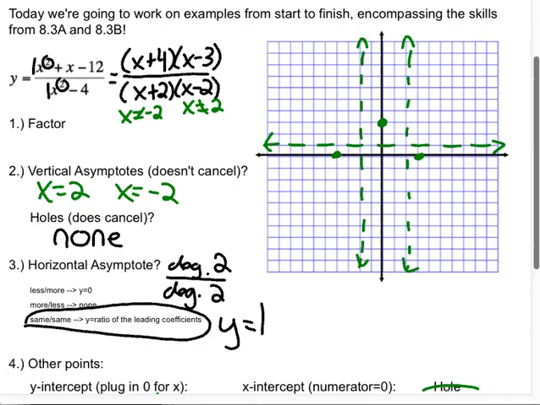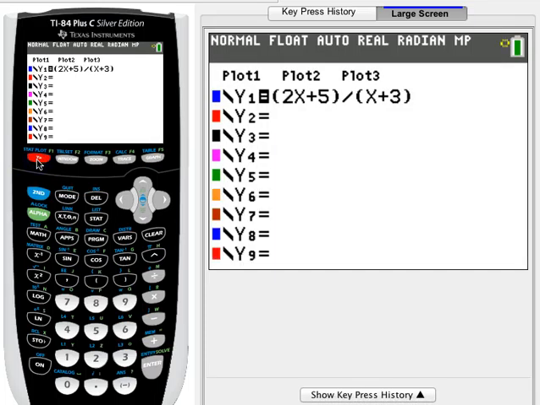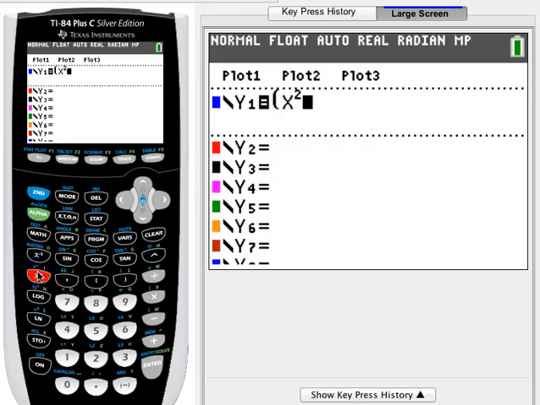So let's plug this into the calculator, shall we? So we can check just to make sure that this works. Now, there are 2 ways to type this in. You can type in the original equation, which is x squared plus x minus 12 divided by x squared minus 4.